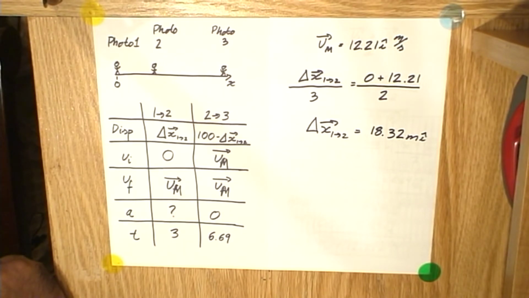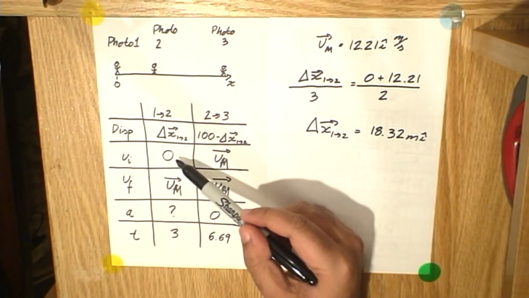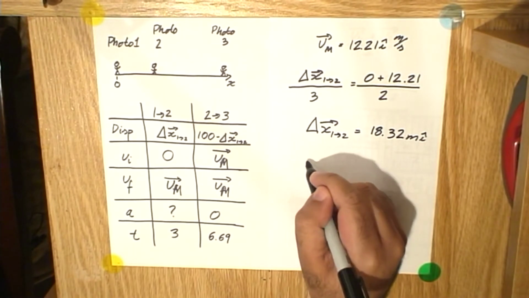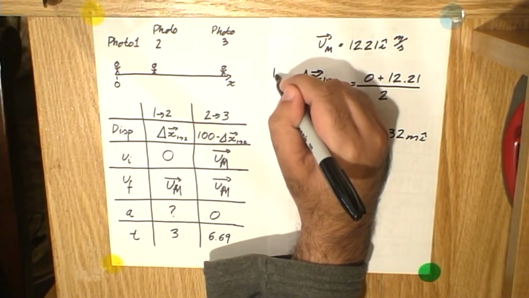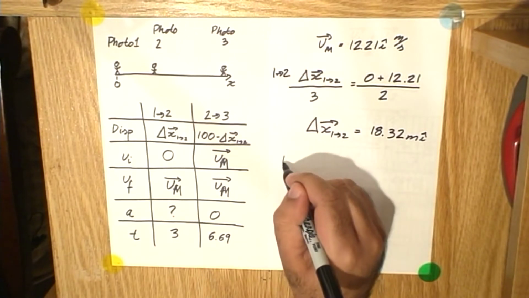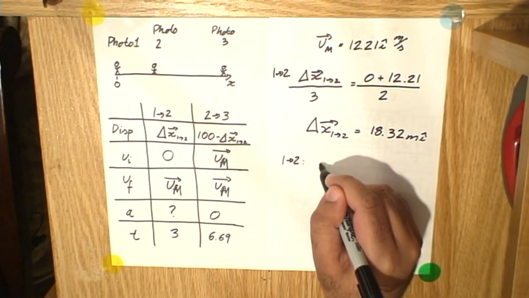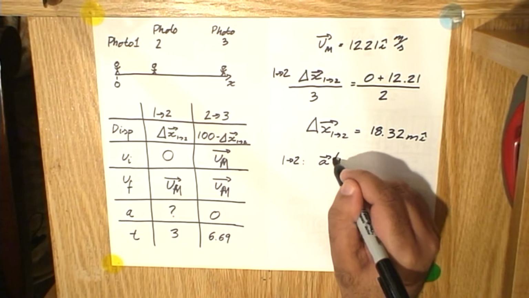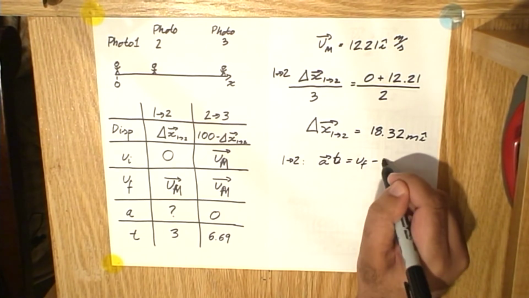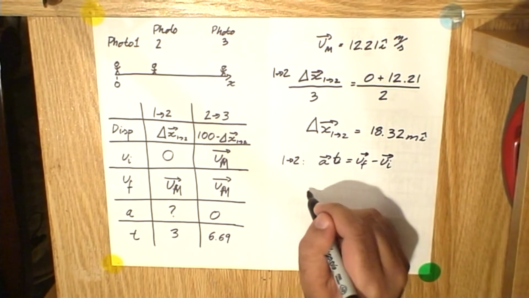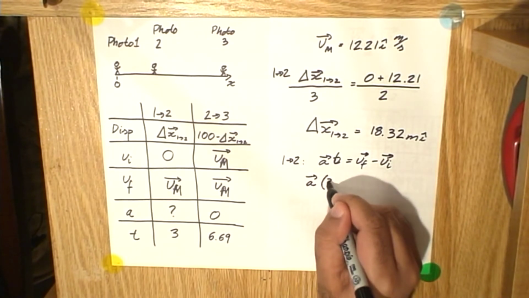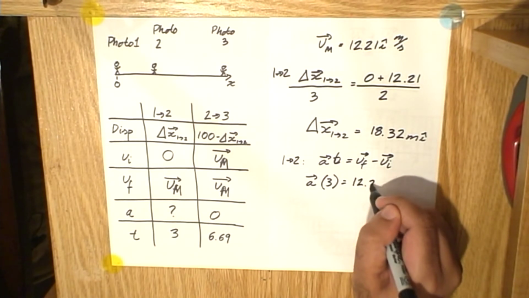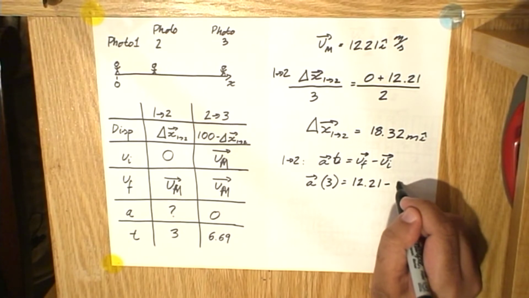Finally, we need to find the acceleration. We know initial velocity, we know final velocity, we know time. So the easiest way to solve for this would be using toolbox equation number 1. By the way, this was from 1 to 2, so I'll maintain that over here. Applying toolbox equation 1 to photographs 1 to 2, that is AT is equal to V final minus V initial, I would get A times T, that's 3, is equal to V final, which was 12.21, minus V initial, which is 0.